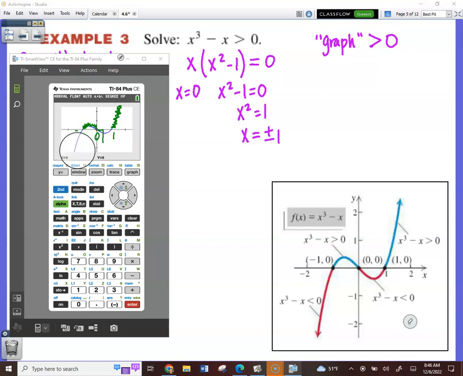This was -1, this was 0, this is 1. Alright. So it's parentheses. It's running from -1 to 0, union with 1 to what? Infinity.